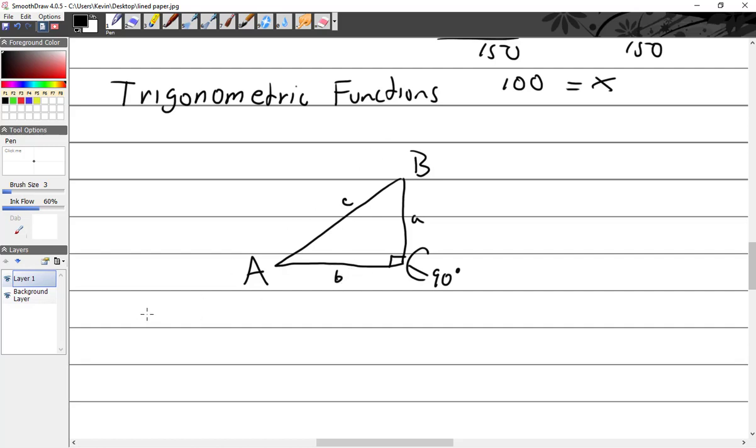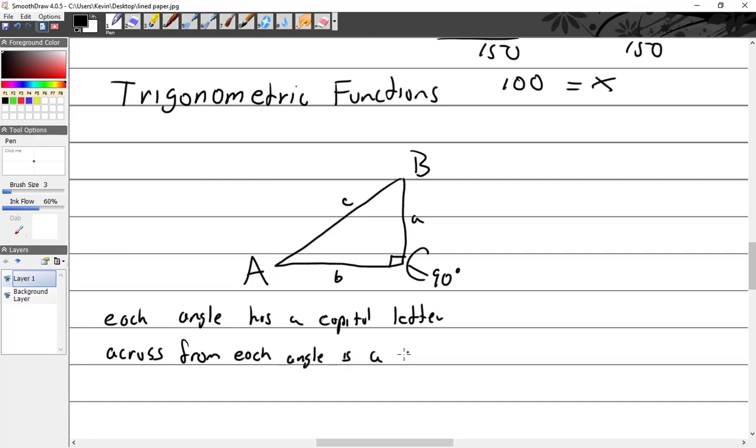Each angle has a capital letter, and across from each angle is a corresponding side with a lowercase letter.